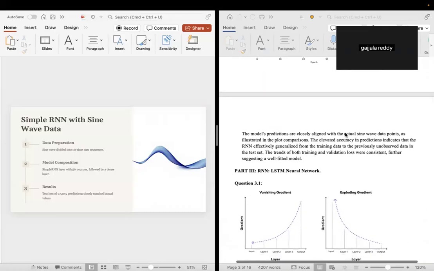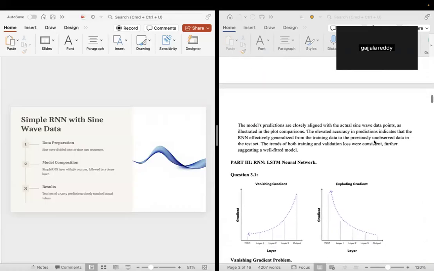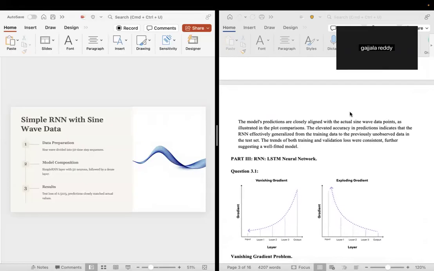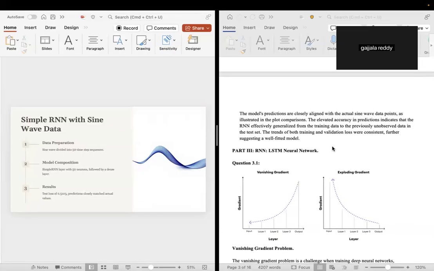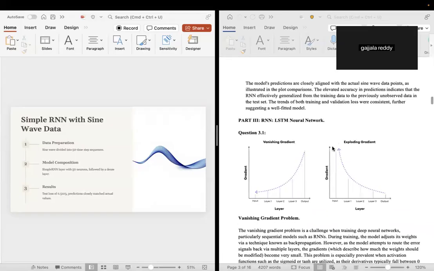The model predictions were closely aligned with the actual sine wave data points as illustrated in the plot comparison. The accuracy of the prediction indicates that the RNN effectively generalized from the training data to the previously unobserved data in the test set.